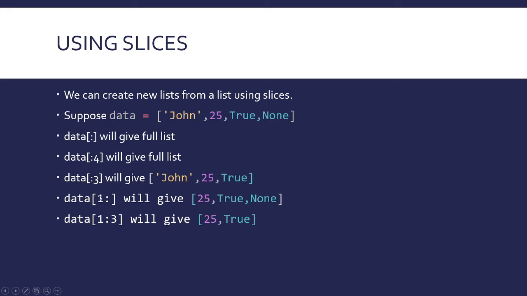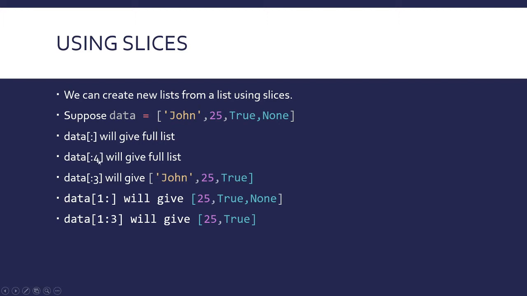But if we give a value in the first portion, on the left-hand side of the colon, that will be inclusive. If we pass data, then colon 4, it will give the full list, because it will exclude 4 from the index. Like in the case of the range function, we don't consider the upper bound.